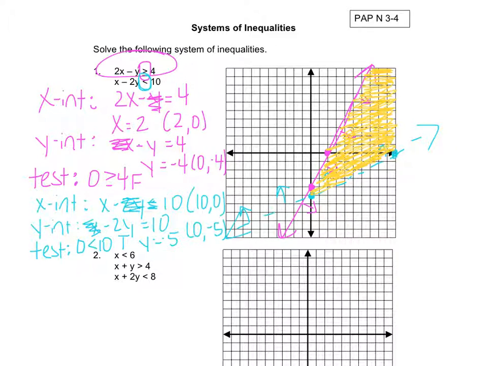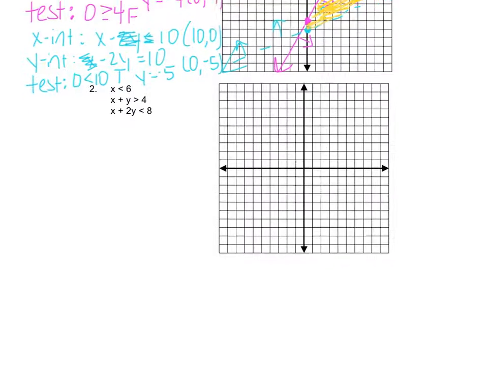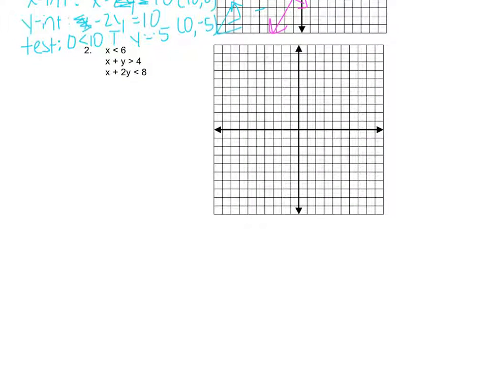Okay, so let's look at example 2. Okay, so the first one, notice it just says x is less than 6. We actually had an example like this on 3-3. That means your x-intercept is 6, 0.